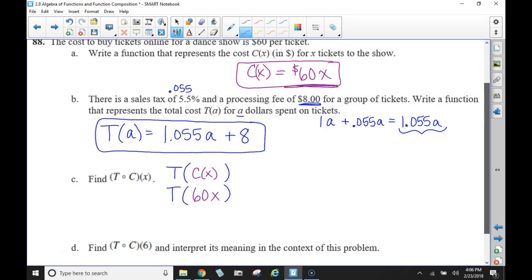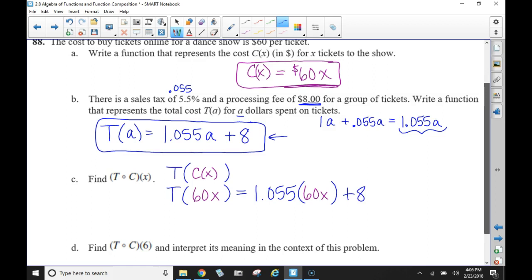Get that from right up here. And so when we evaluate this T function at 60x, this is going to look like 1.055 times the 60x, and then don't forget about the plus 8.